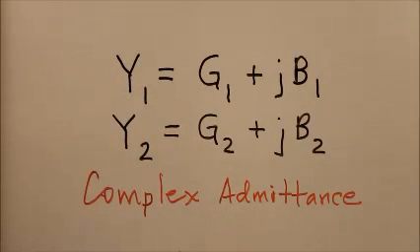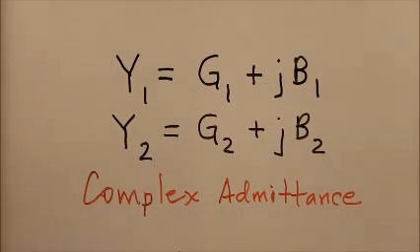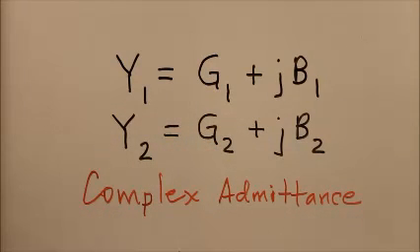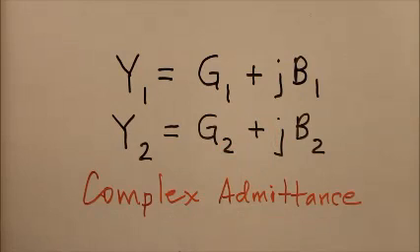Y stands for admittance of these values connected in parallel. G stands for conductance. That is the reciprocal of resistance. B stands for susceptance, which is in effect the reciprocal of reactance.